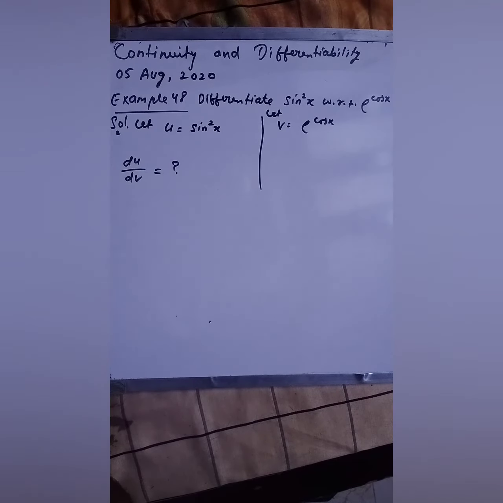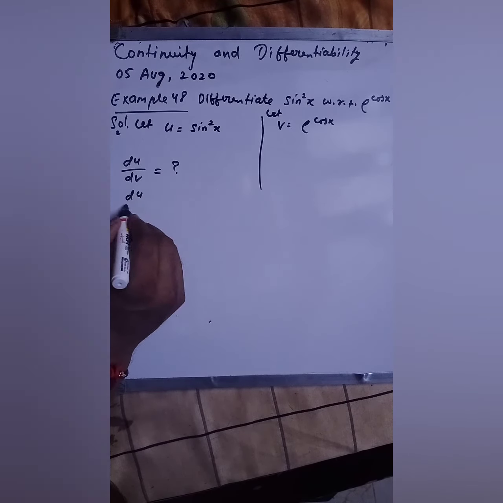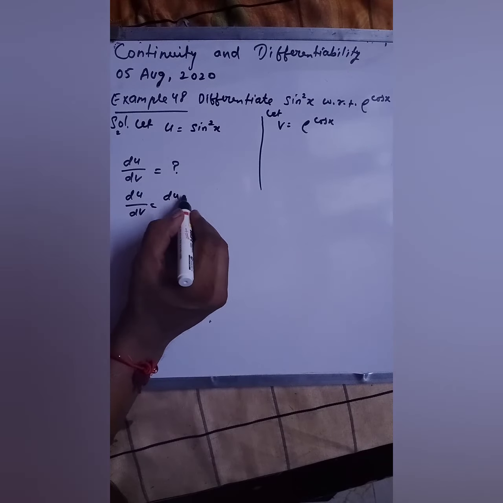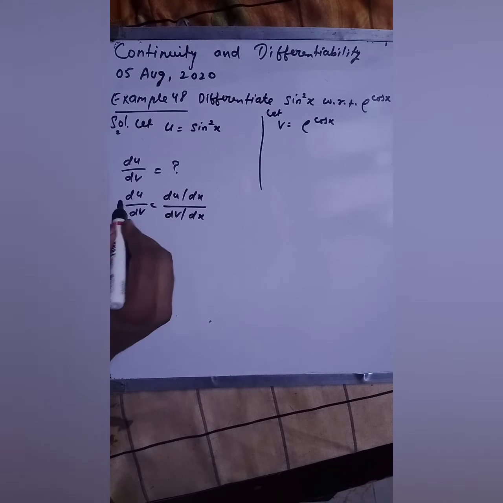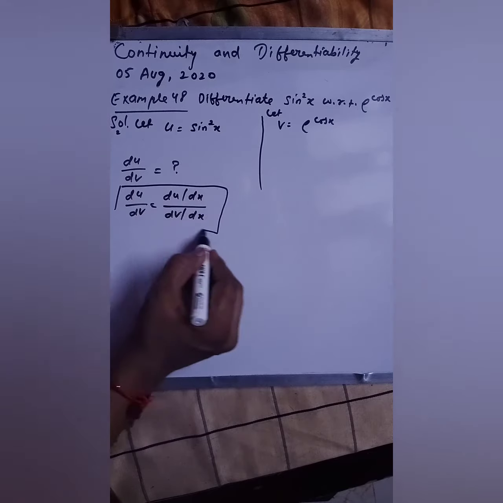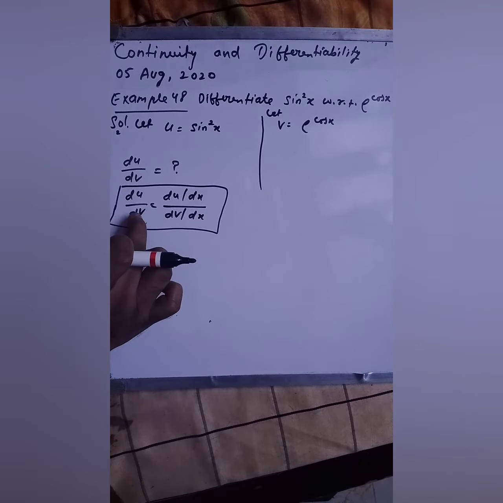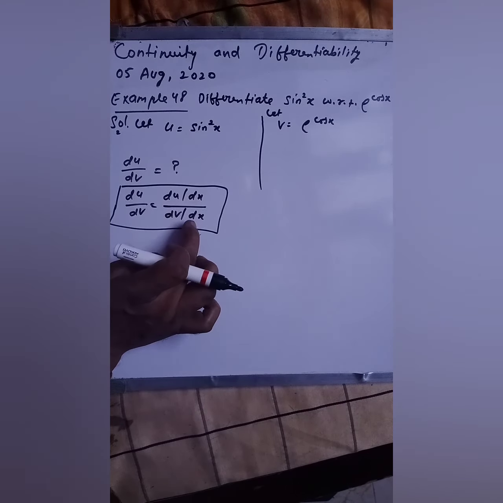As you know, du by dv you can obtain by finding du by dx and dv by dx. This is the main formula which you will apply here. So to find this you have to find du by dx and dv by dx.